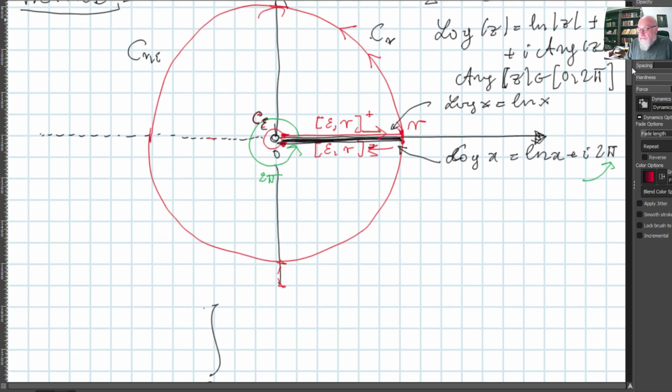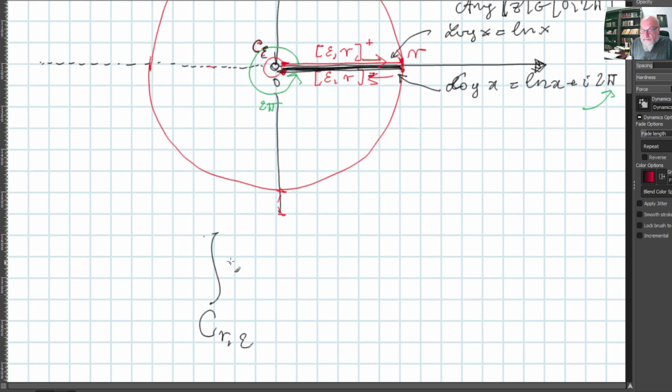We can write down the integral of z to the power a minus 1, f of z dz.